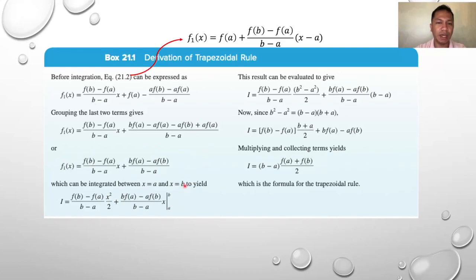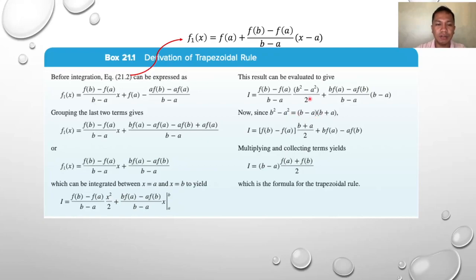x is equal to a and x is equal to b, that yields this equation. Right. So once we substitute and evaluate, this will give us this equation as well. We know for a fact that b squared minus a squared is just equal to quantity b minus a, quantity b plus a.